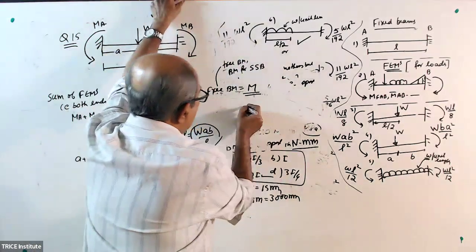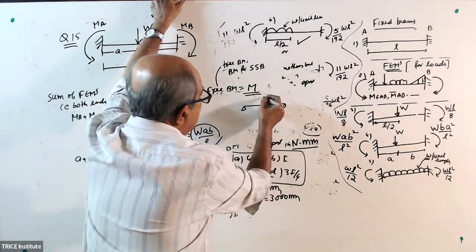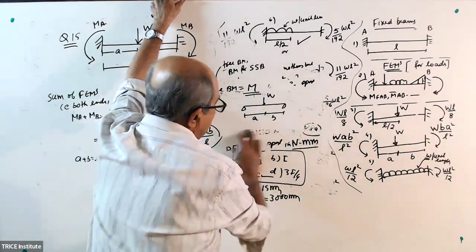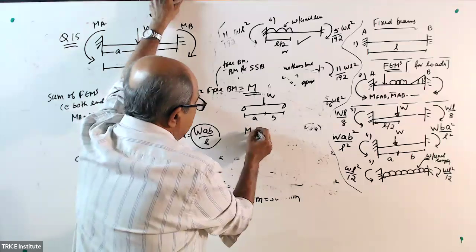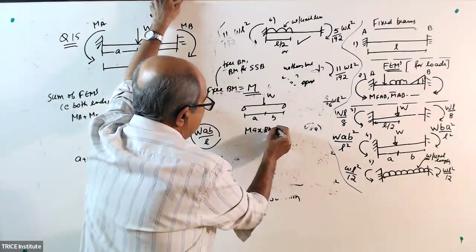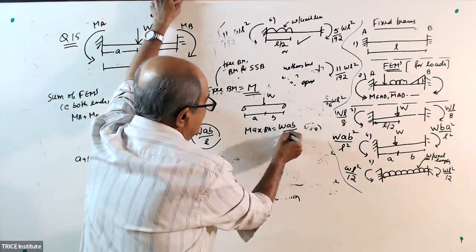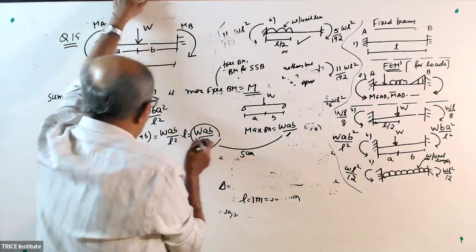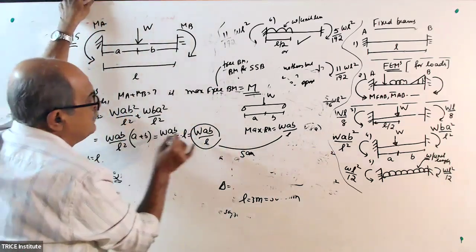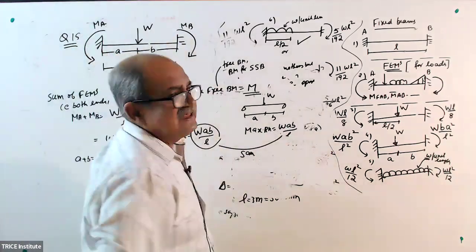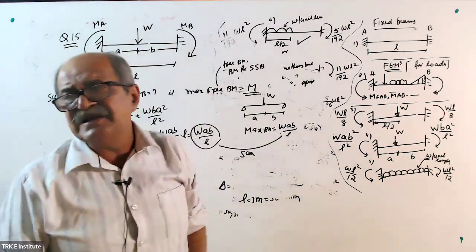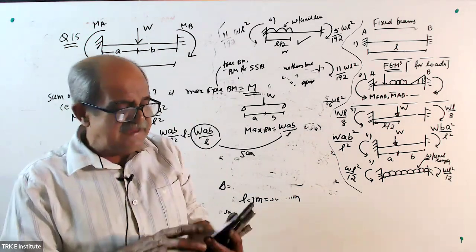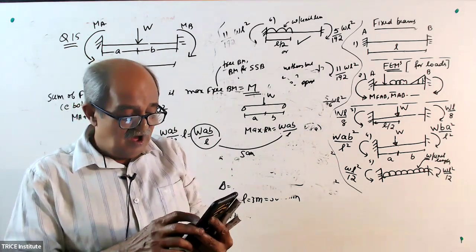For a simply supported beam with load W, if you place A here and B here, the maximum BM is WAB by L. Both are the same. So whatever sum of FEM came equals the maximum free BM. So the answer is M. Clear or not? The options they told.